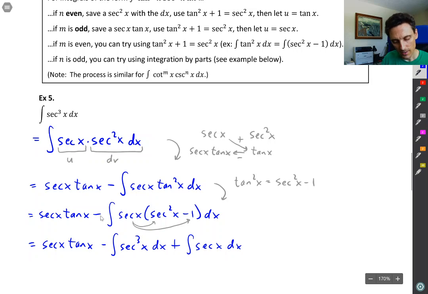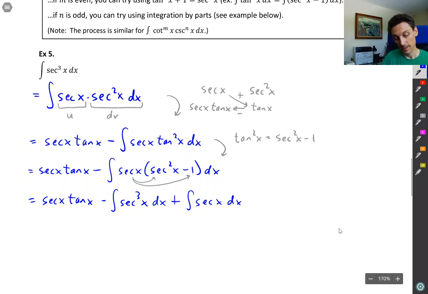Why plus? Well, because we have this negative here that distributes to this negative here, and that creates the plus. Minus the negative is plus. So we have the secant cubed x term, the secant x term, and then we're all distributed out.